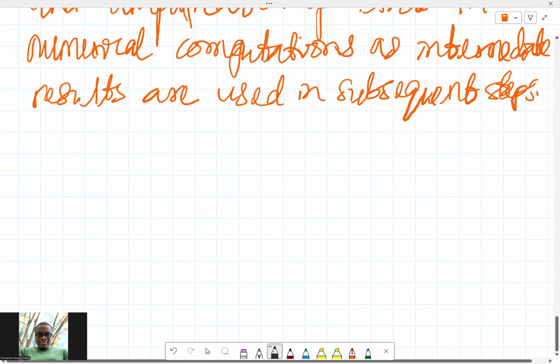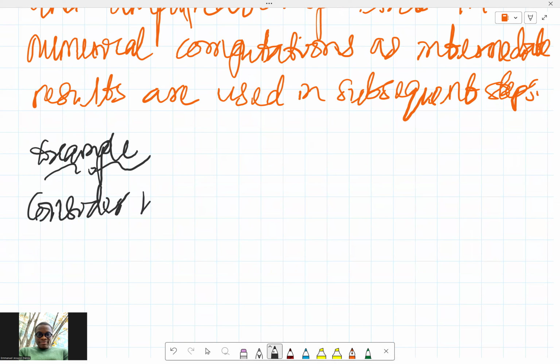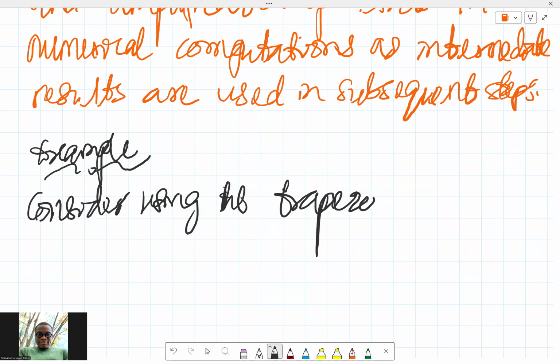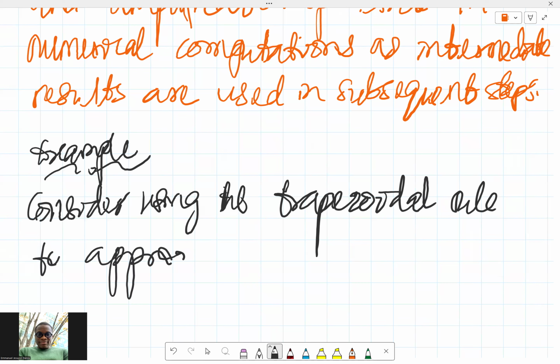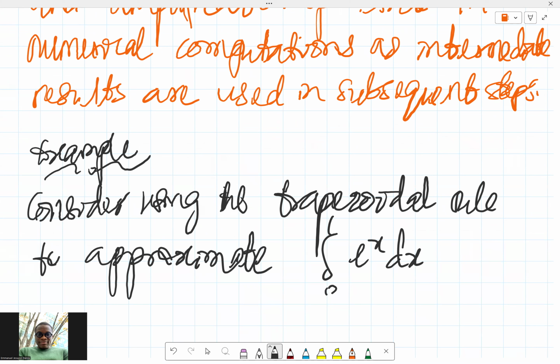So a classic example. Consider using the trapezoidal rule, which we are going to see later, to approximate the integral from 0 to 1 of e raised to the power x dx.